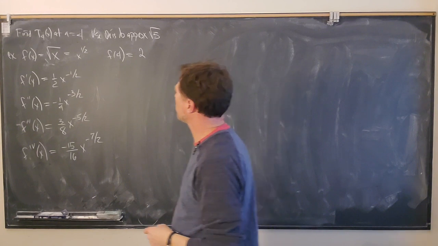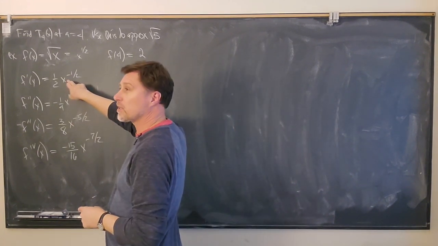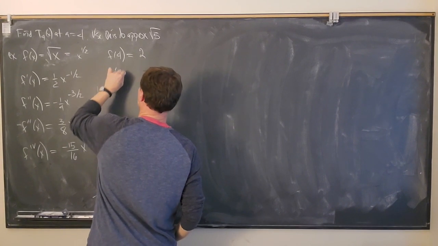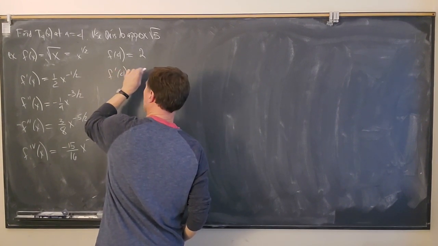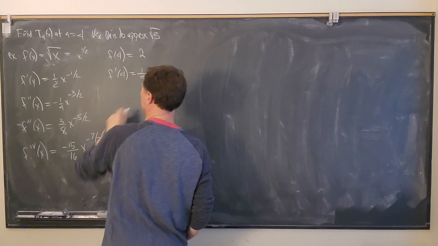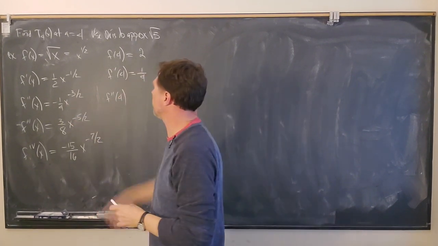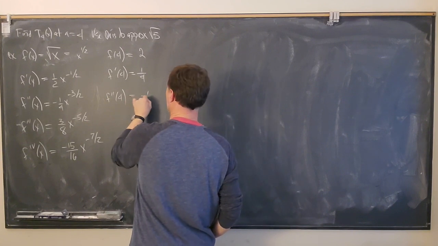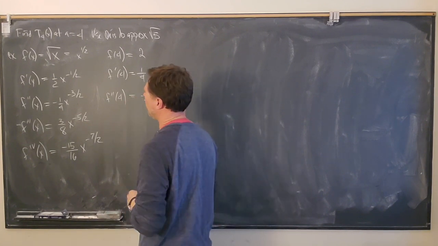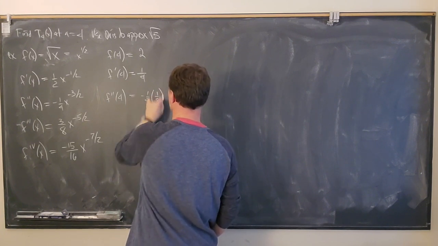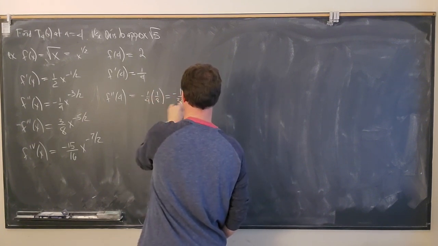Next, f prime of 4 is 1/4. f double prime of 4: if I plug 4 in there, that will be negative 1/4 times 1/8, so that's negative 1 over 32.